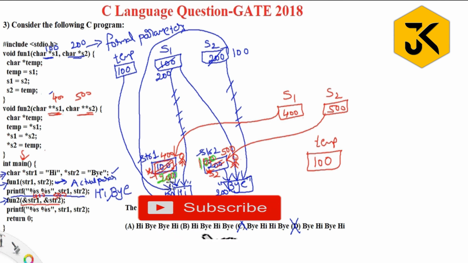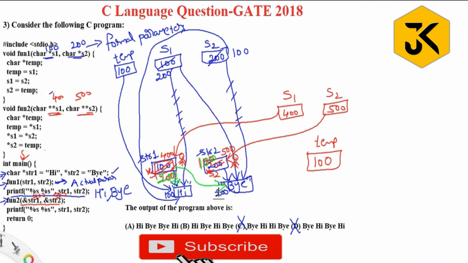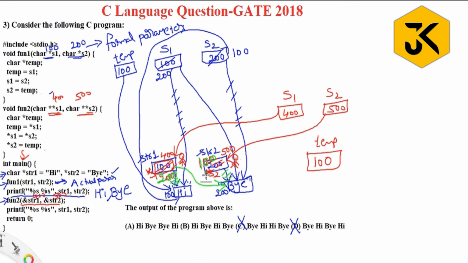When str1 contains the value 200, this link will be broken and it will be pointed to the 200th location. str2 contained 200 earlier, but 200 is not there now, so it will be 100, and it will be connected like this. The 100 location is this one. Yes, that's it.